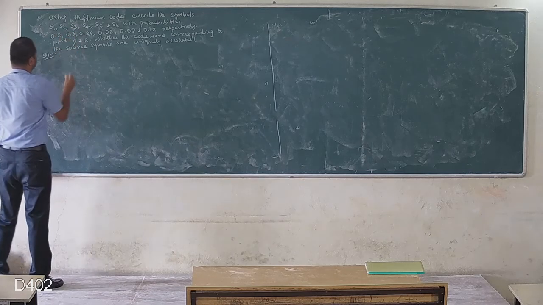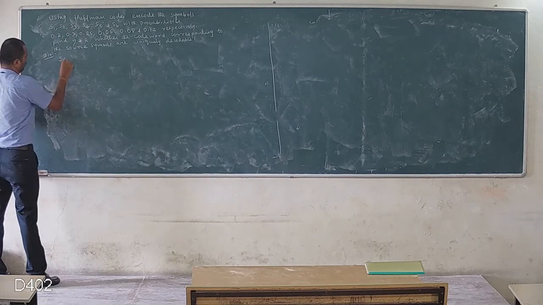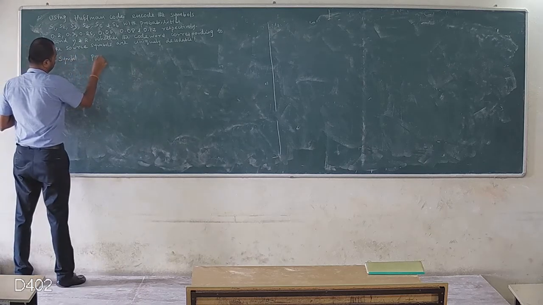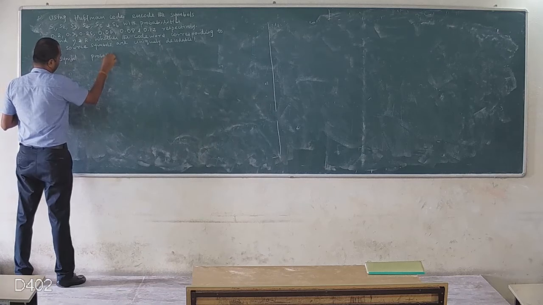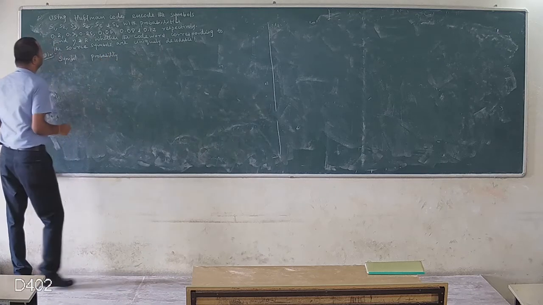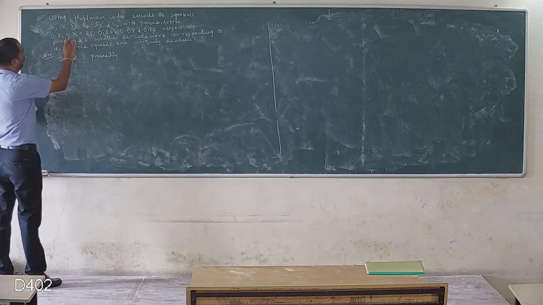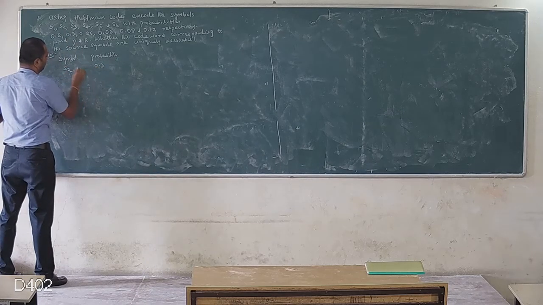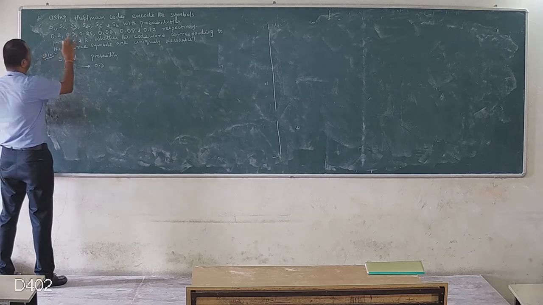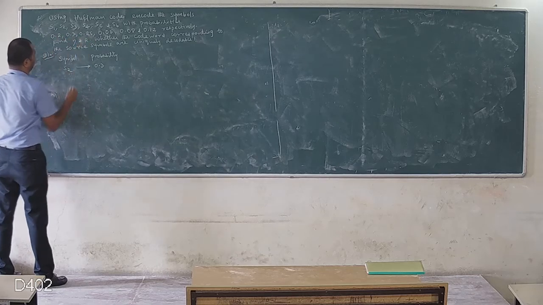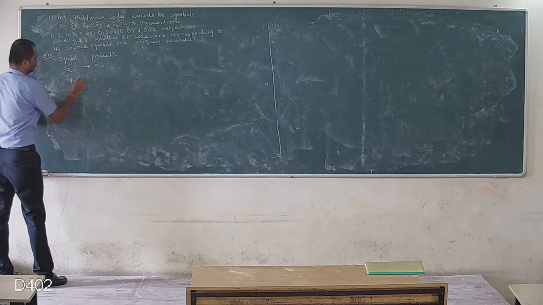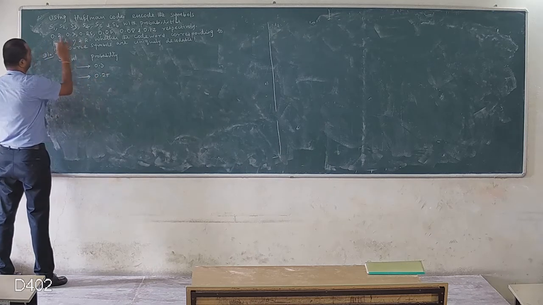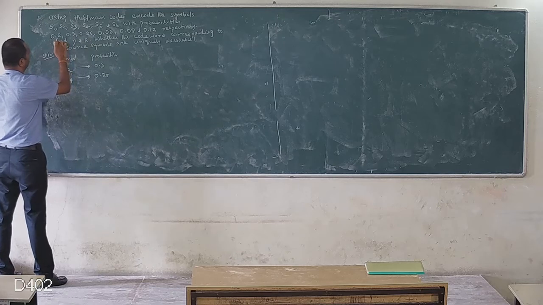So S2 comes first. Write it as symbols and probability. S2 is going to have 0.3, followed by 0.25, that is S3, then 0.2, that is S1.